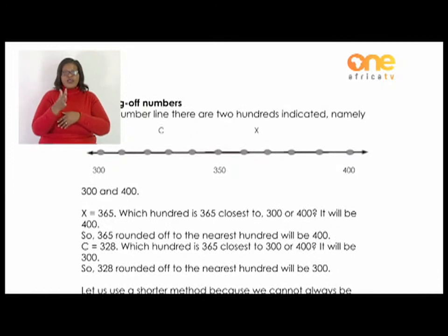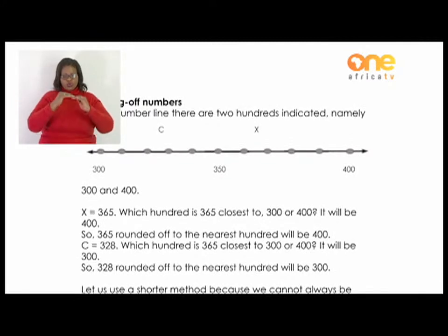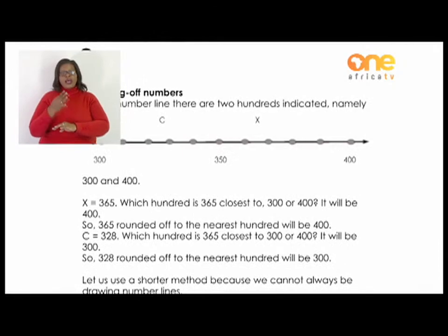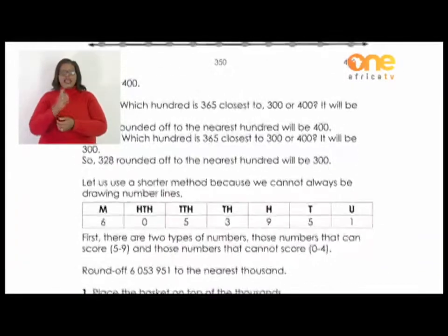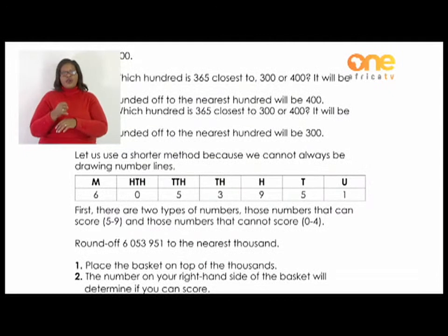There is also a C, and there is X. X is marked at 365, and which 100 is near or closest to this number? It's a matter of choosing, and it will be 400.